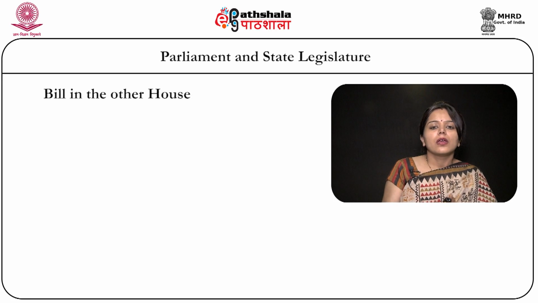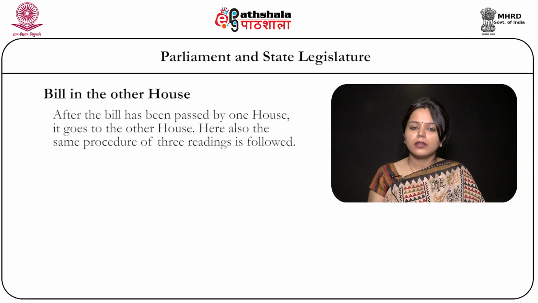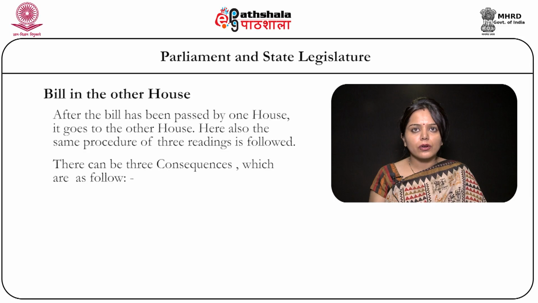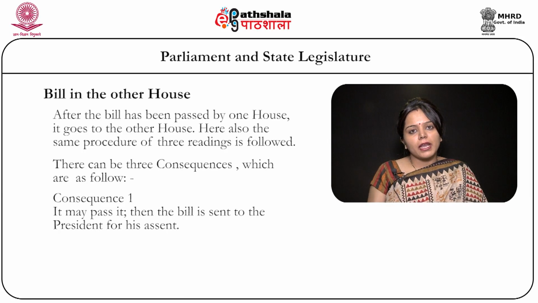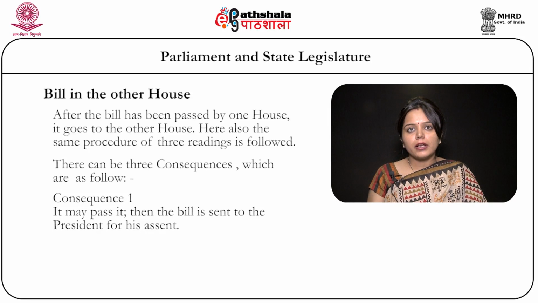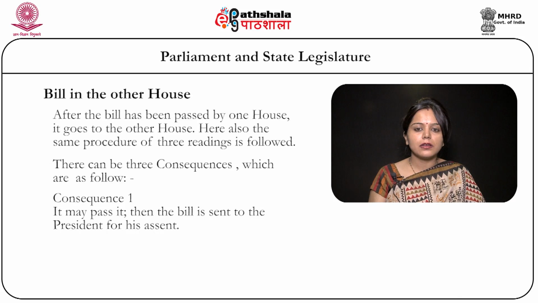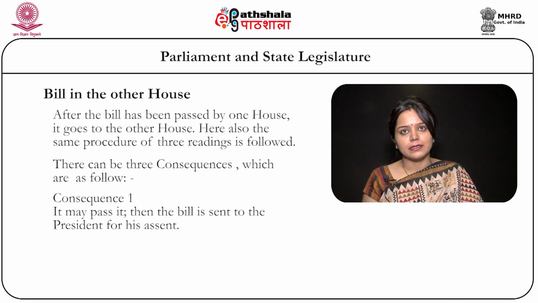If the bill comes to the second house, the other house, then there can be three situations or three consequences. One, the bill comes to the other house and it may pass it. After passing, it should send it to the president for his assent.